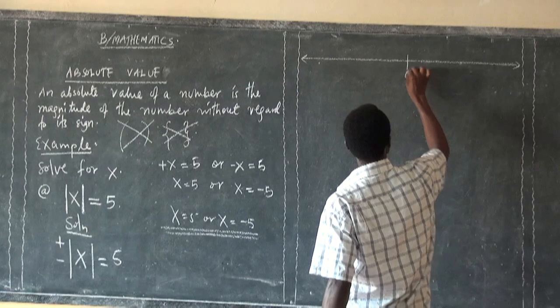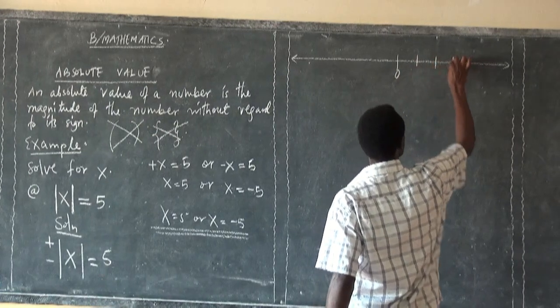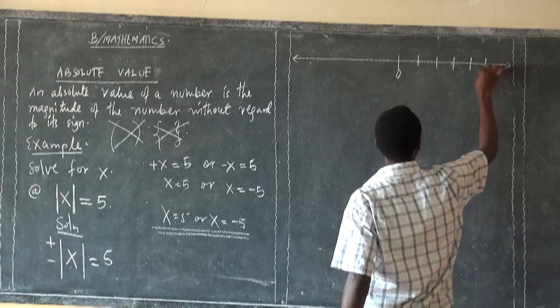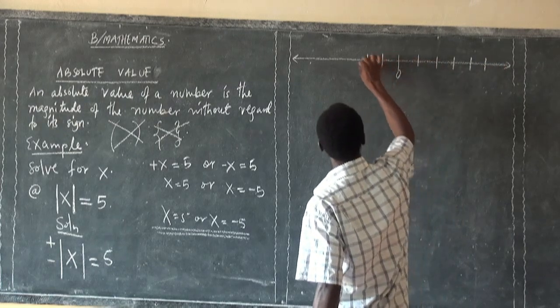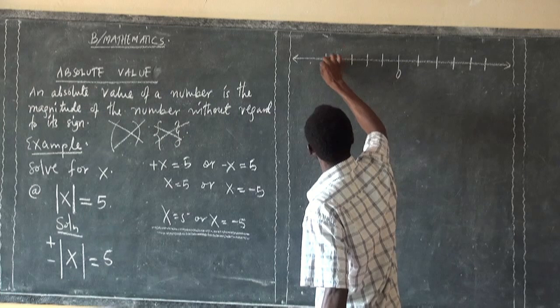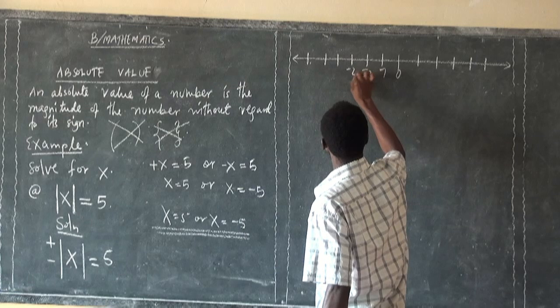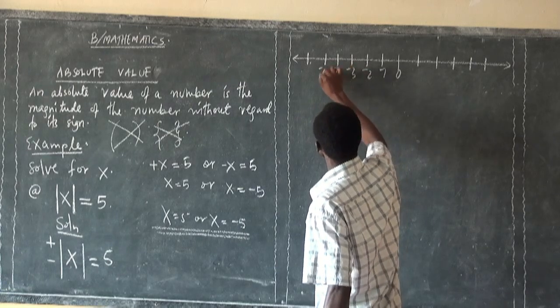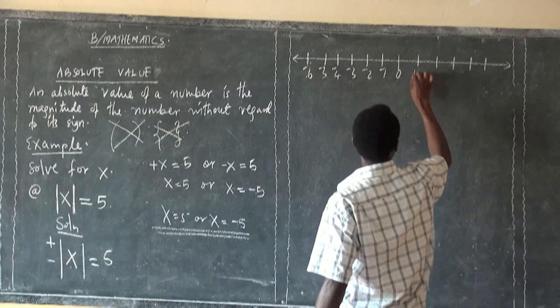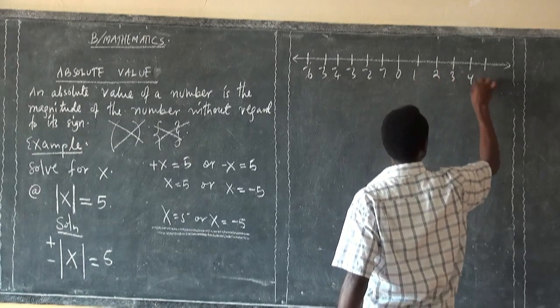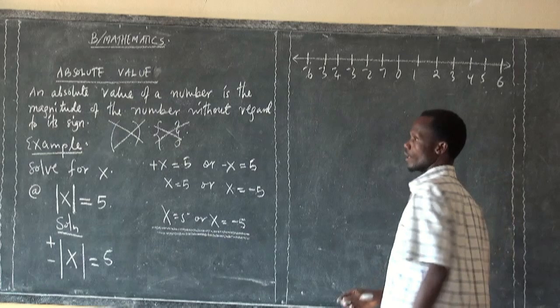Here you have 0, then 1, 2, 3, 4, 5, 6, and then you have -1, -2, -3, -4, -5, -6.